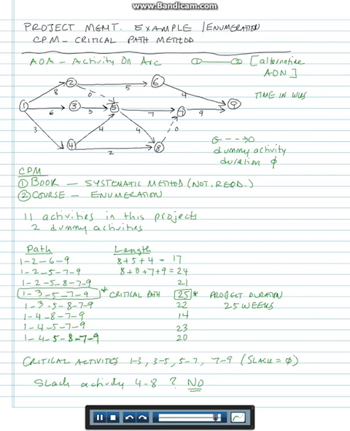Now, if I did the systematic method, I would get the slack. I did enumeration. So the only slack I know of would be the slack for the critical activities, and I know that those slack would be 0, and I would know the critical path as well. And that's all you're required to know in this chapter and for this class.